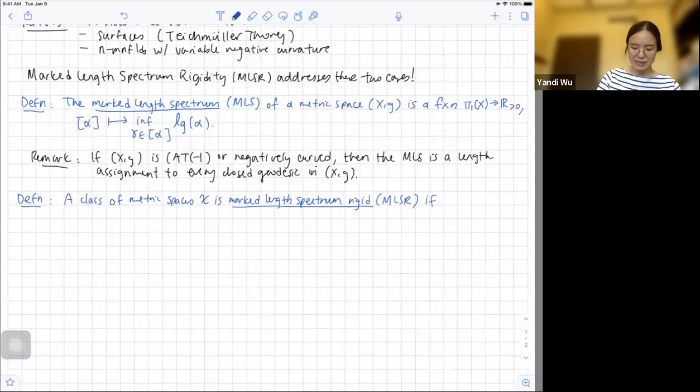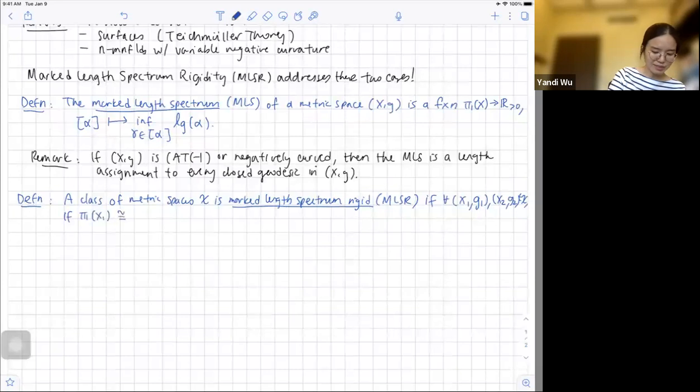It is, if for all (X1, g1) and (X2, g2) in the class, you have that if pi1 of X1 is isomorphic to pi1 of X2, and also the marked length spectra are the same.